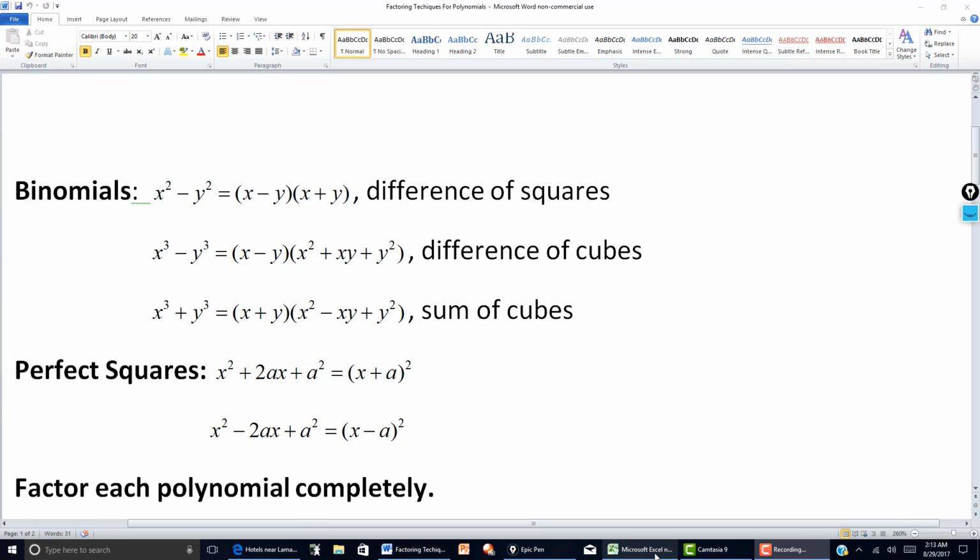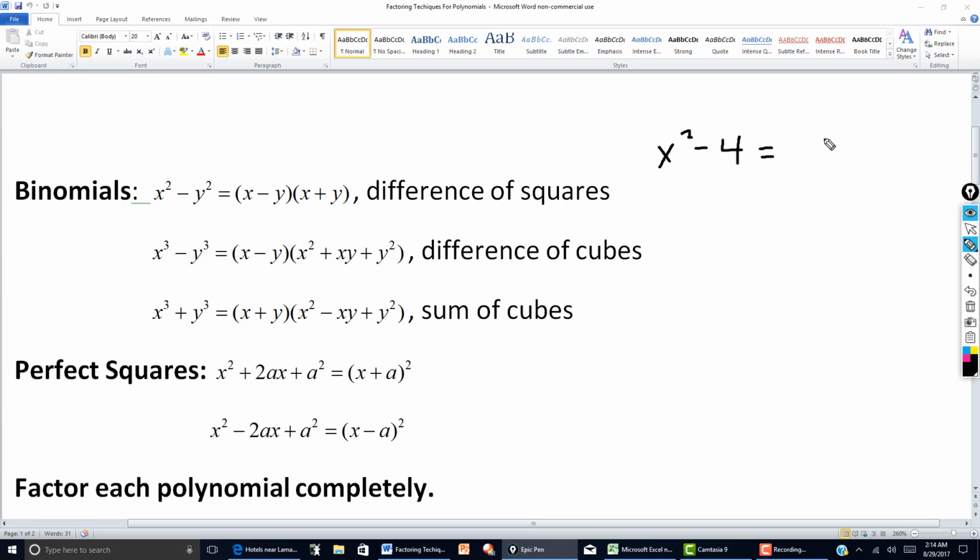Now I do want to point out that in some of these you can force the factoring. So if you have, for example, x squared minus 4, you notice that that's the difference of 2 squares. X squared, and 4 is 2 squared.